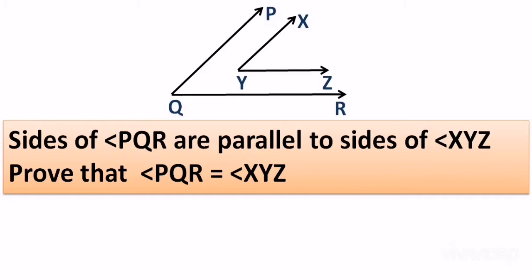In this question, I need to do a construction, because no transversal is intersecting these two parallel lines. To draw that transversal, you can extend arm XY in the direction of Y, or ray YZ towards PQ, intersecting PQ.